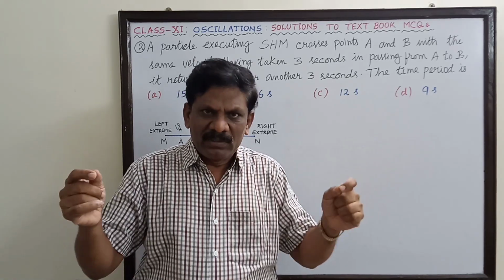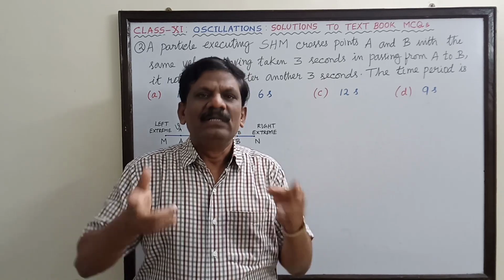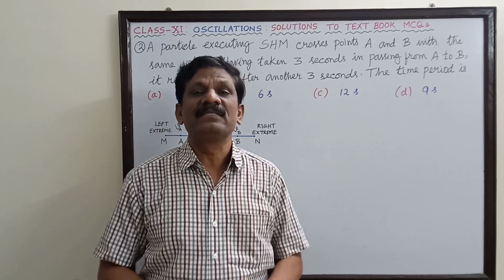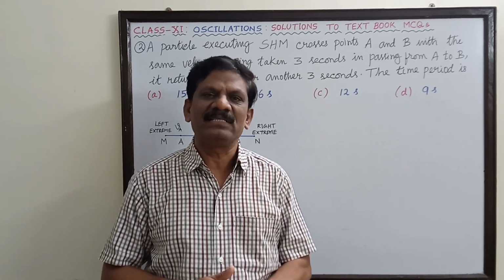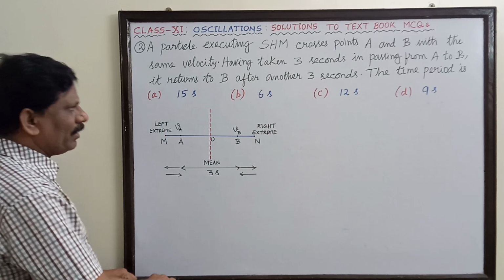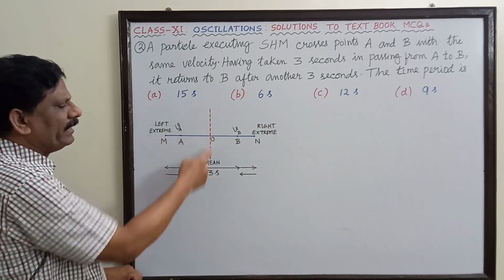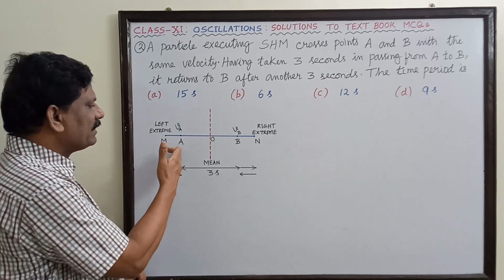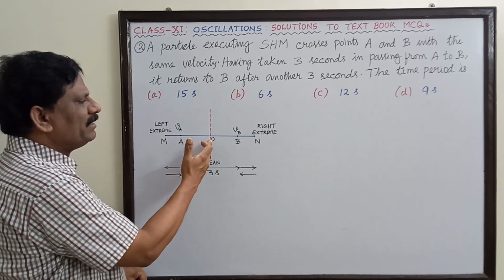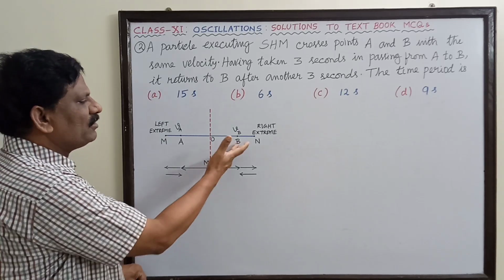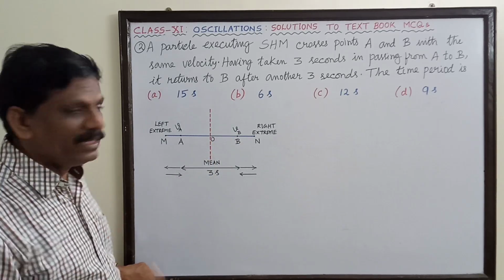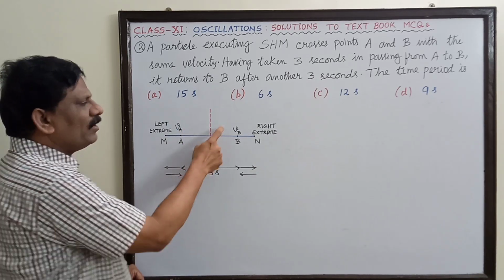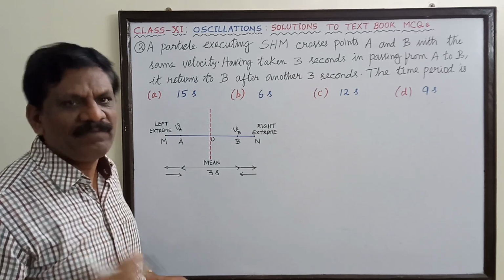Similarly, while coming down or while going up, the velocity of the pendulum bob at the corresponding points will be the same. For example, in this problem, we can take the midpoint as the mean position O. On the left side of the mean position is A, and at the same distance on the right side is B. Then the velocity of the body VA must be equal to VB.